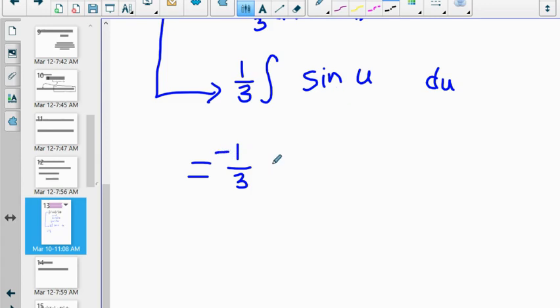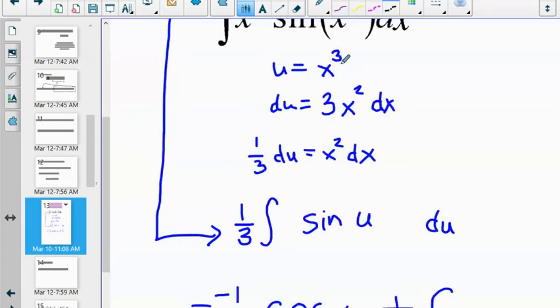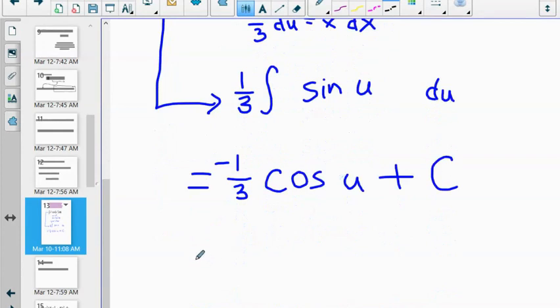I'll put that negative in front of this. Of course, don't forget your plus c. And then finally, this is a good expression, but in terms of u, so let's resubstitute. U was x cubed. So my answer will be negative 1/3 cosine of x cubed.